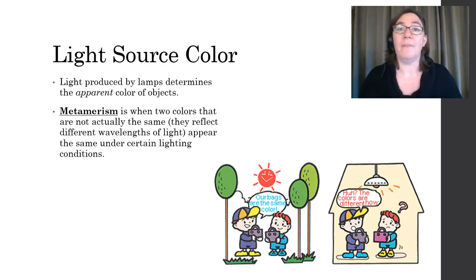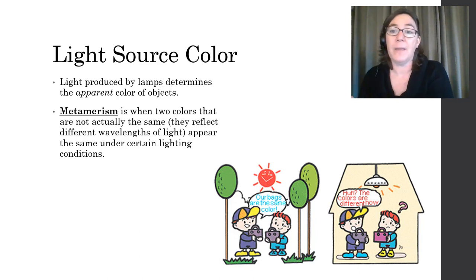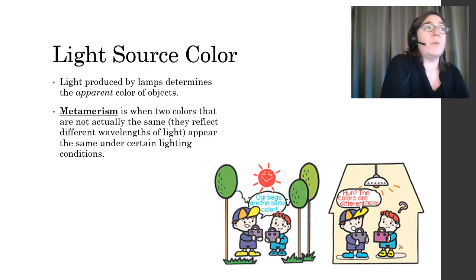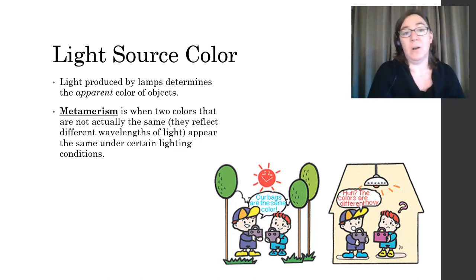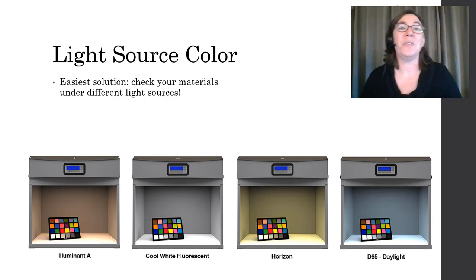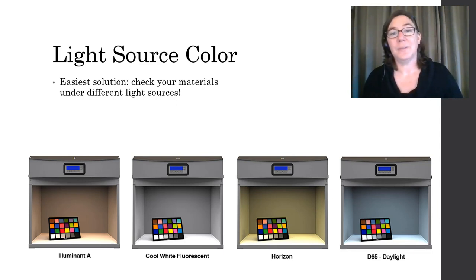And you probably have already come across this when you're trying to, for example, match paint colors to a fabric. And they look the same in one lighting condition, and then you walk over to the window and they don't match at all. So the easiest solution here is to check your materials, your fabrics, your paints under different light sources.